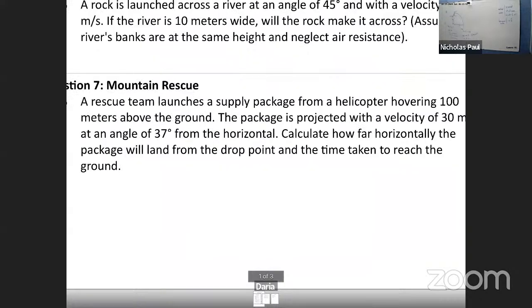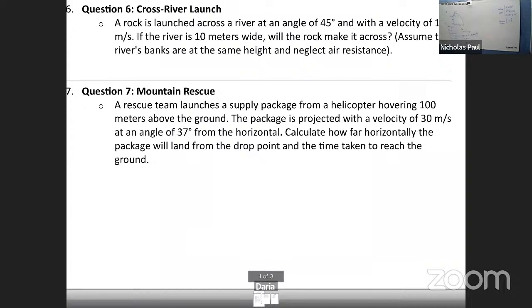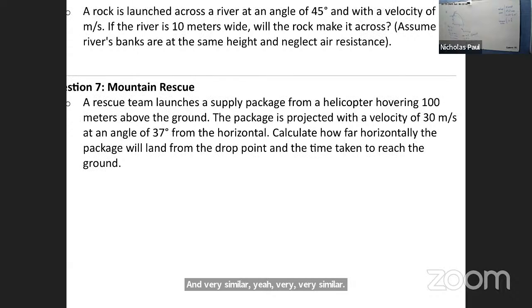It's very, very similar. A rescue team launches a supply package from a helicopter 100 meters above the ground. The package is projected with a velocity at an angle. How far horizontally will it land? So technically, what are they asking for? Same thing again. They want R and T.